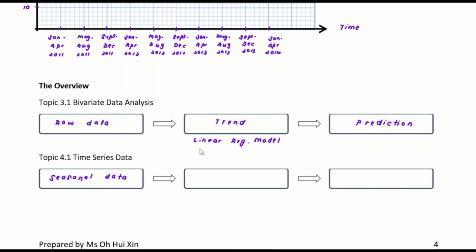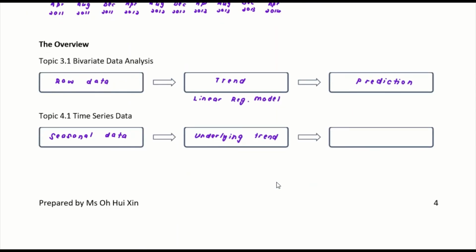So what do we need to do so that we can find the underlying trend, the trend that seems not so obvious when looking at this graph? There are two methods that we need to learn, which are called smoothing the data.